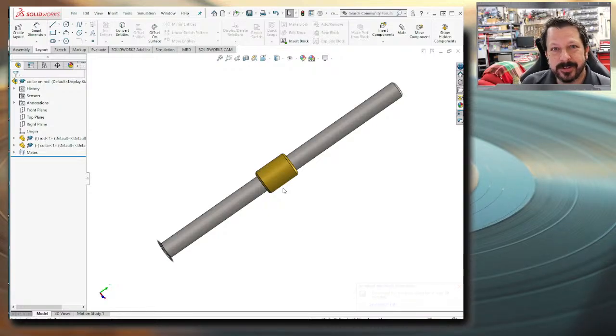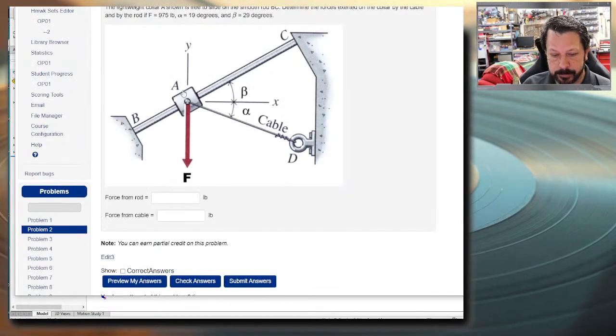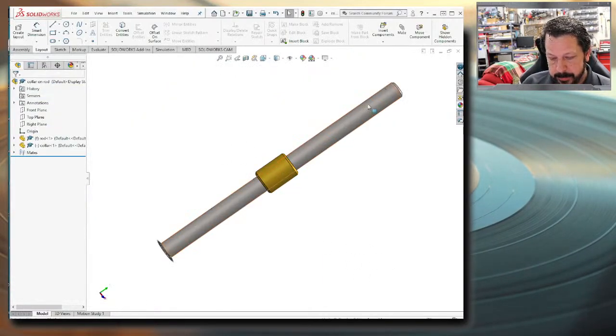You need to be able to understand the fixtures and the elements so that you know how to draw their reactions. So this little gold or brass part, that's the collar in this picture. I didn't really draw it to scale, at least not to the picture. And the rod here is the rod that it's sliding on.